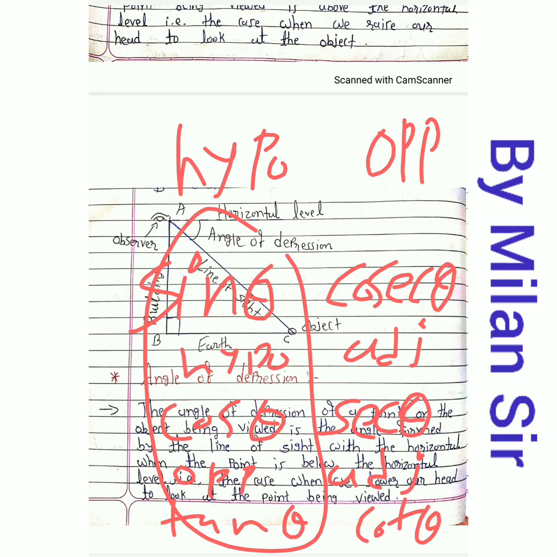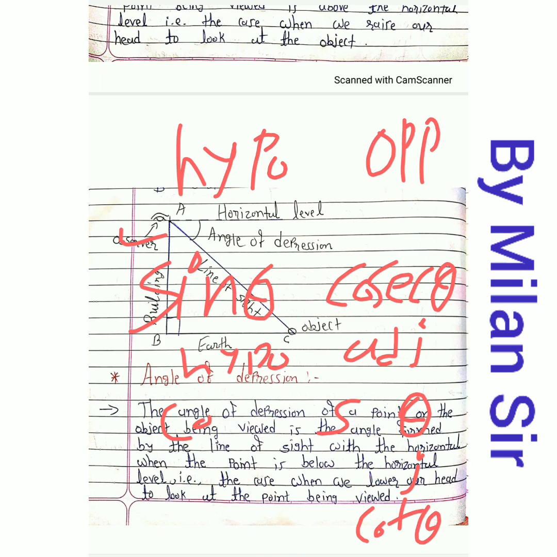First we remember the values of sin theta, cos theta and tan theta, and by inverting them we can find the values of cosec theta, sec theta and cot theta. So we try to use sin theta, cos theta and tan theta only.